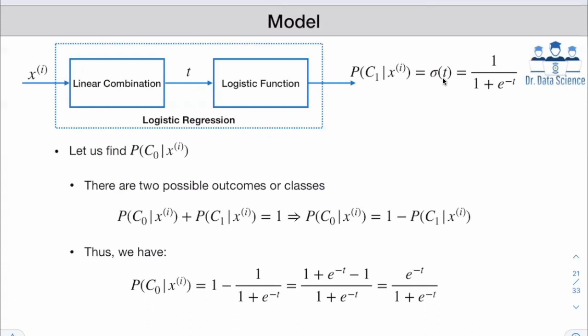So this means that now we can automatically find the probability that xi falls into C0, which is 1 minus the probability that xi falls into C1. And we can show that this probability has this form, which is e to the negative t over 1 plus e to the negative t. And this hypothesis is now complete because we have both probabilities that we wanted to find.